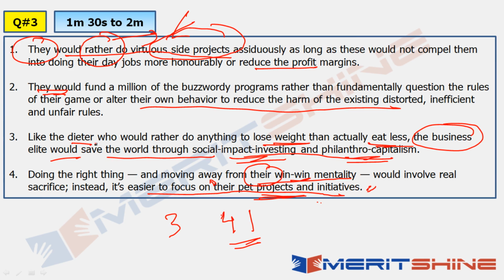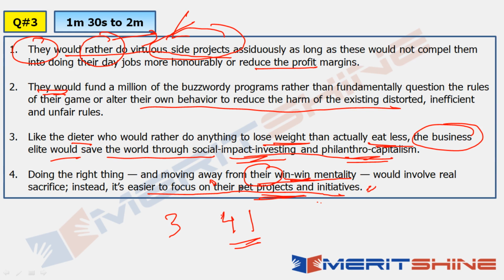So what is that serious stuff comes later on in statement 2 and statement 1. But if you look at it, the 4th sentence again talks about doing the right thing and moving away from their win-win mentality. So they have this win-win mentality, which would involve real sacrifice. Instead, it is easier to focus on their pet projects and initiatives. So it's explaining the nature of these business people, business elite.